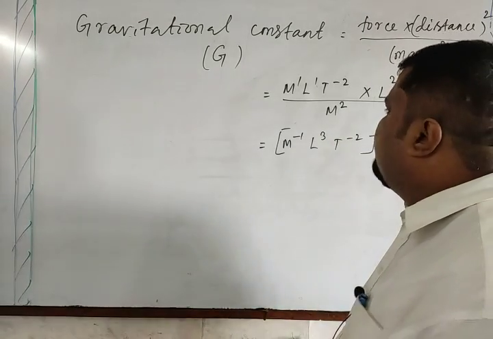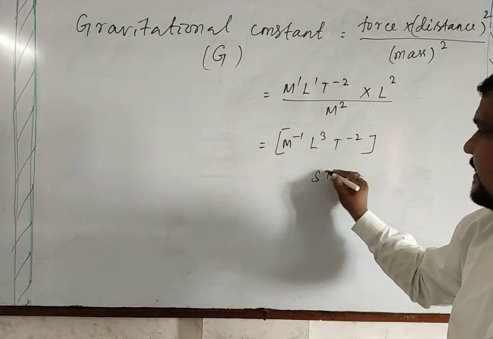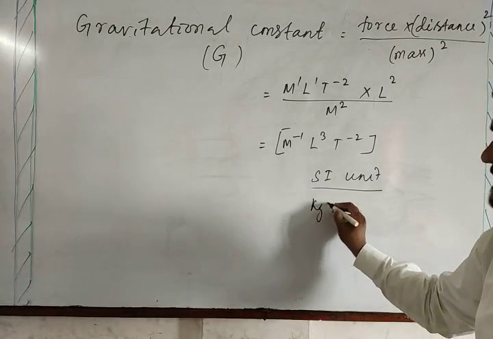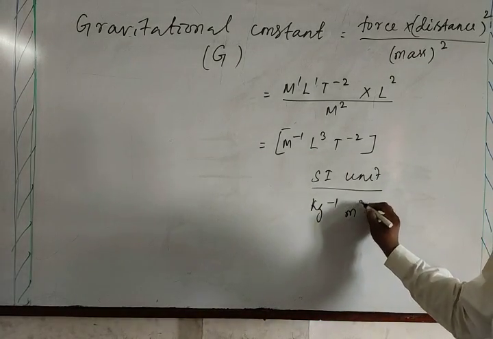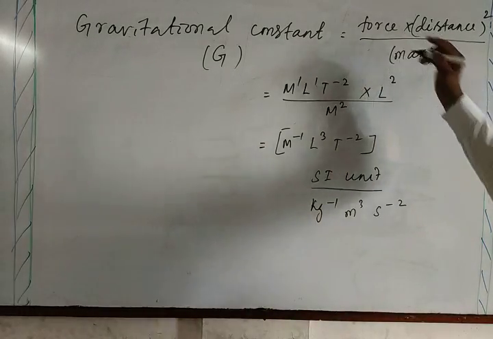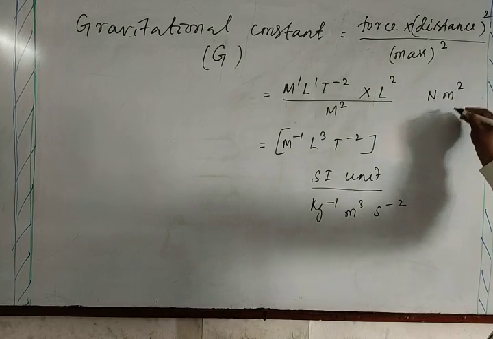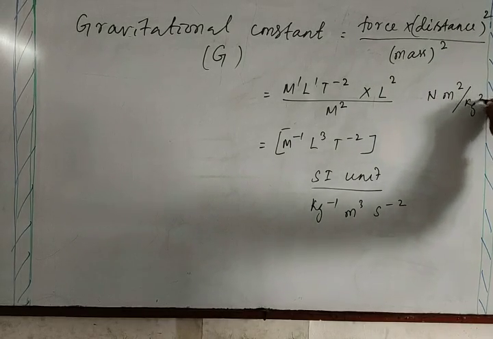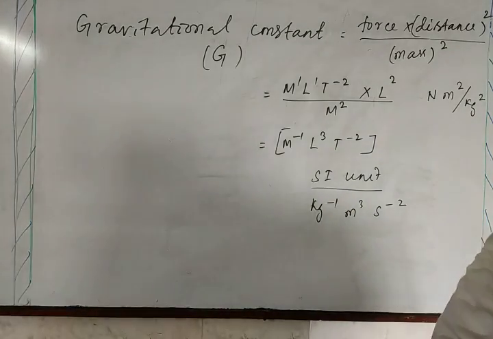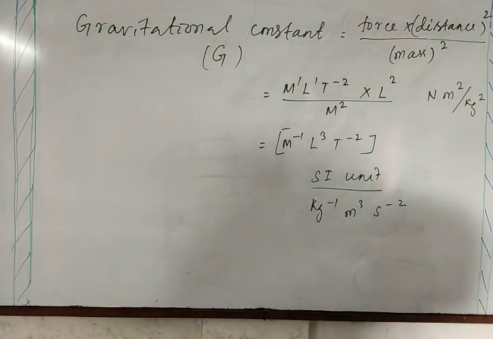So this is the gravitational constant. And if you write the SI unit, always I will be discussing SI, that is kg minus 1, meter cube and second minus 2. Or from this formula also you can find out: force is Newton, distance is meter square and mass is kg square, so Newton meter square per kg square. Okay, so this is the dimension of the gravitational constant.